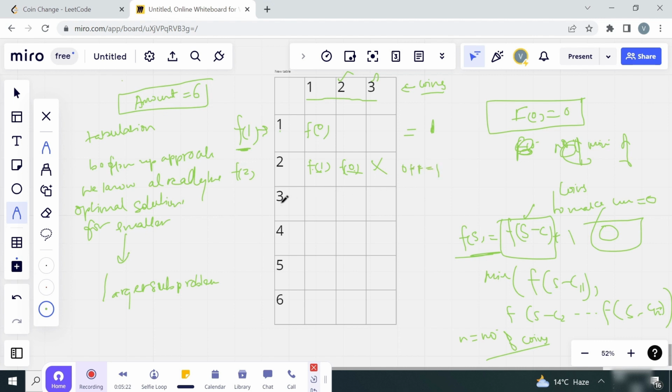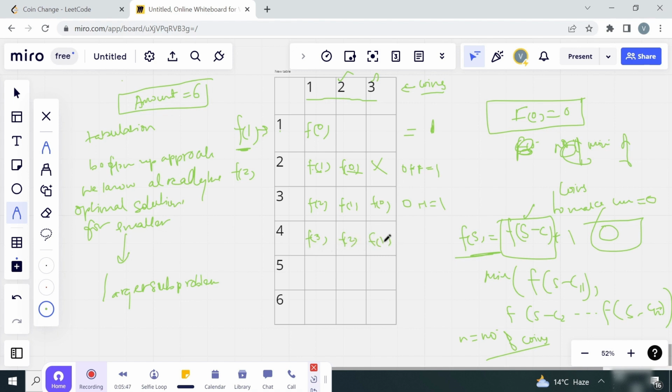Now again for 3, 3 minus 1 is f of 2, and 3 minus 2 is f of 1, and 3 minus 3 is f of 0. So minimum of f2, f1, f0: f2 is 1, f1 is 1, the value of f0 is 0, so 0 plus 1 is 1. For f4 it will be f3, f2 and f1.